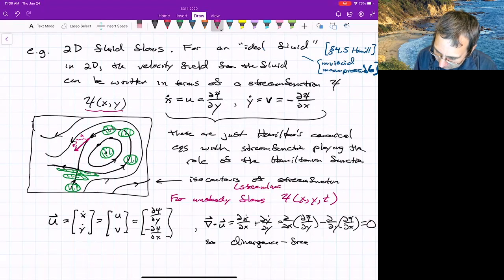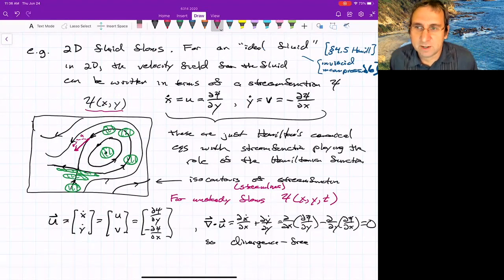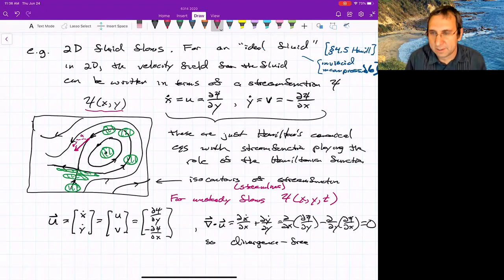But really, 2D ideal fluids are just a small subset of the space of all possible Hamiltonian systems. So that's kind of cool. And the situation, of course, is the same for a 1 degree of freedom Hamiltonian system.